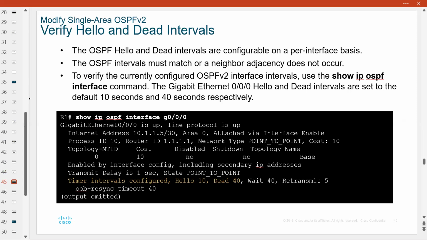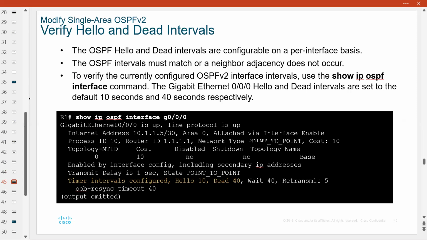All right, verifying the hello and dead intervals. Show commands. Show ip ospf interface. From that command, we can see the dead and hello intervals there. A lot of information. We can see the network type point-to-point, we've talked of that one. We've talked of the cost, it is there as well from that show command.